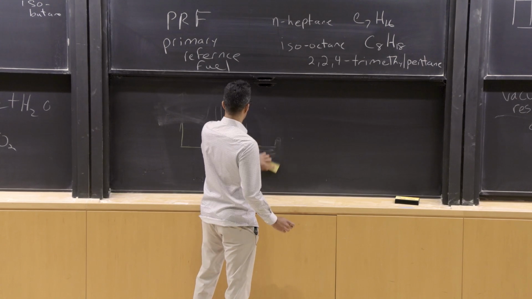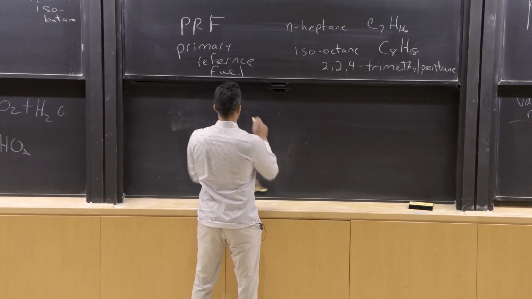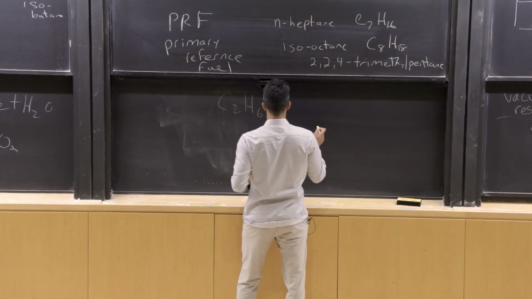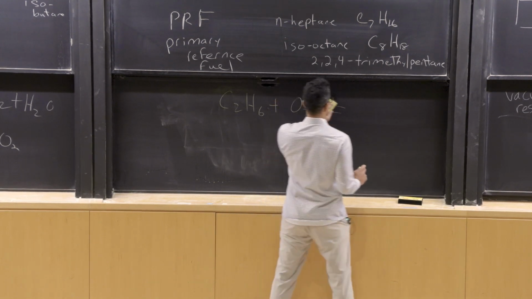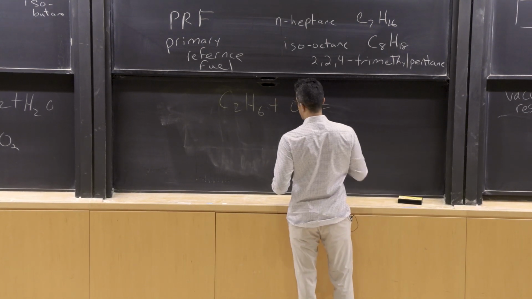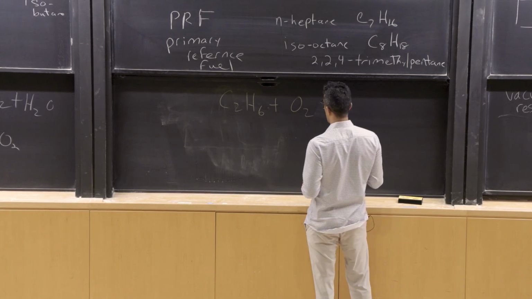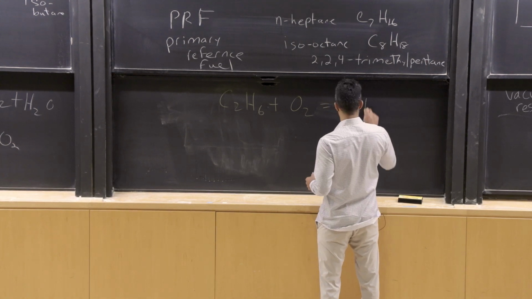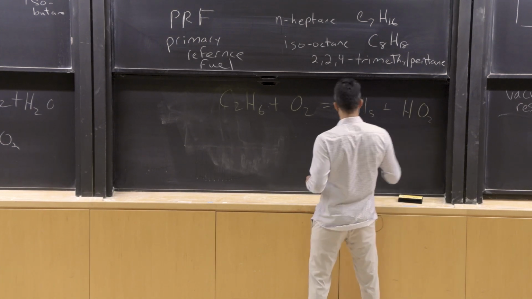I'll put ethane up here. From now on, I won't even write arrows. I'll write just equal sign, because chemical reactions are just simply equations, okay? And we said this is going to form abstraction, so C2H5 plus HO2, two radicals, yeah?